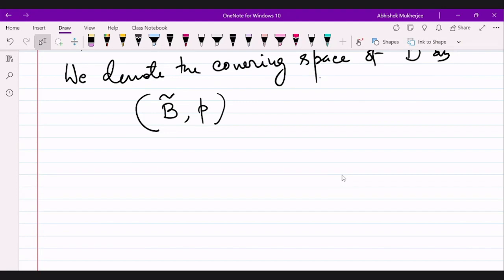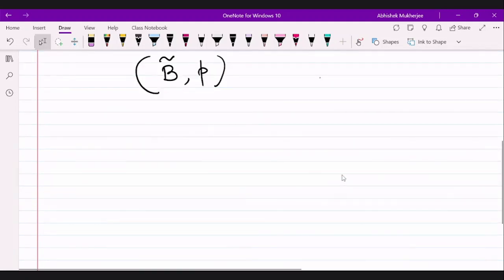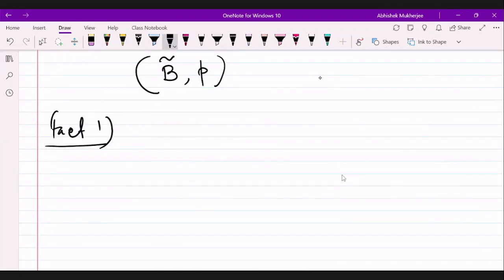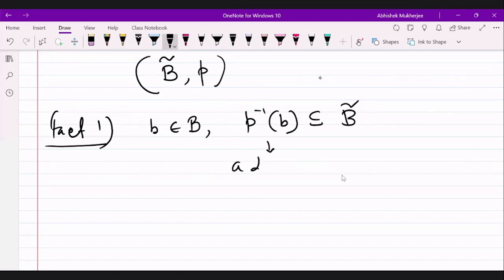After defining the covering space of some topological space B by means of a covering map, you will at once have some facts. For each b, p inverse of b, which is a subspace of that covering space, is a discrete space.